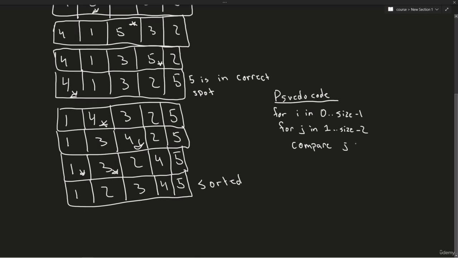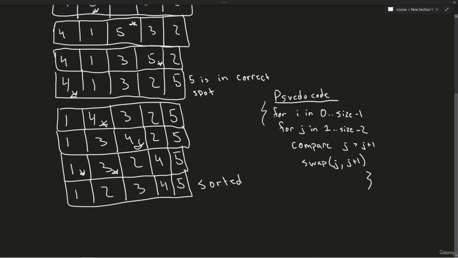We compare j: if it is greater than j plus 1, then we want to swap j and j plus 1. And that is basically our pseudocode for this.